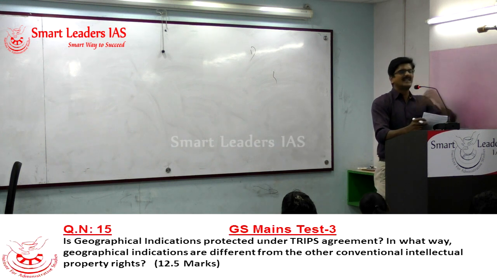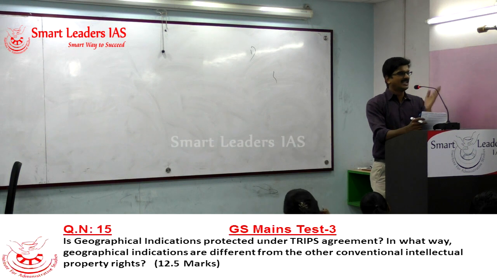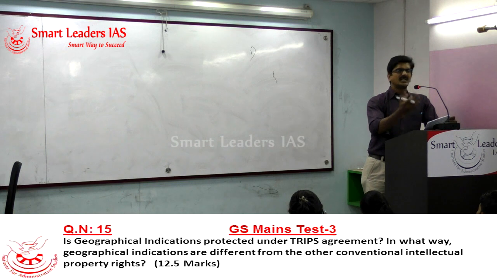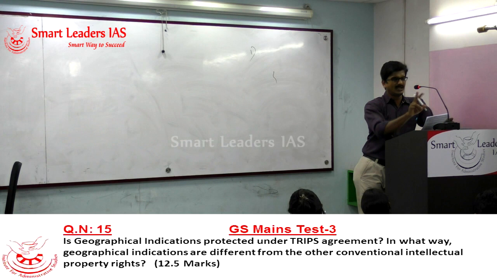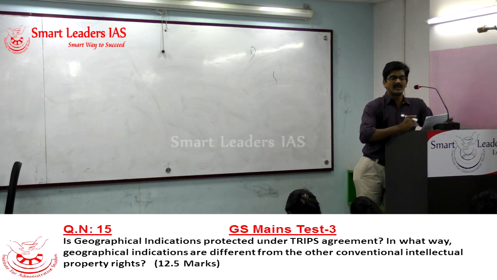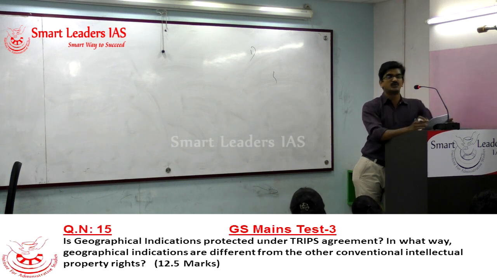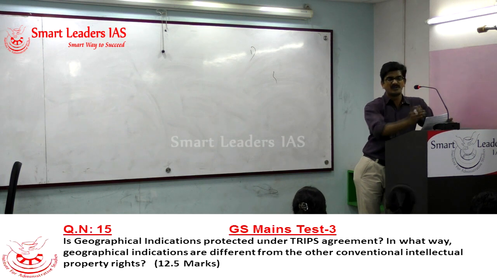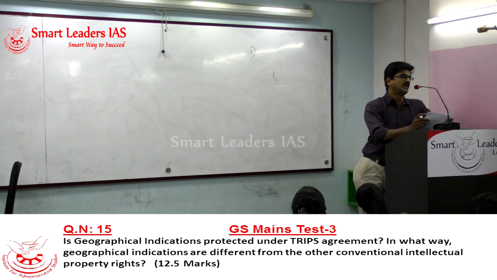Now, the difference between GI and the rest of IPR, patent, copyright, trademark, industrial designs, and so forth. The one important point is, usually we know IPR is basically a monopolistic right. It is a right owned by a person or a group of persons.